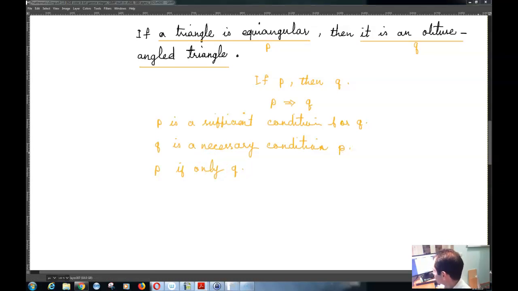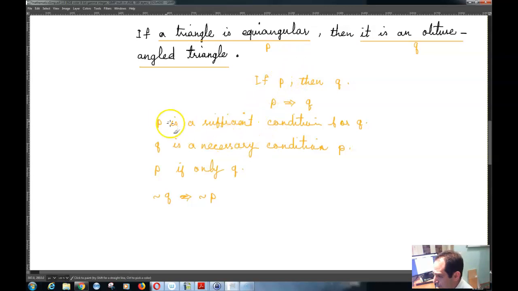And there is one more thing that you can say: not Q implies not P, which is the contrapositive of that statement.